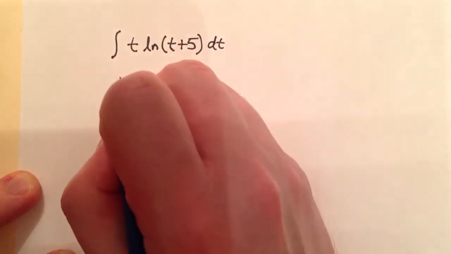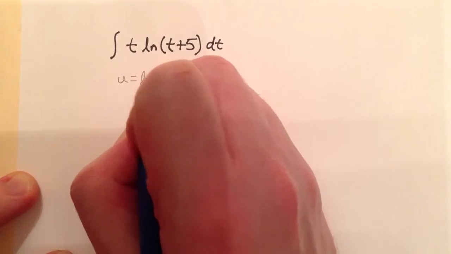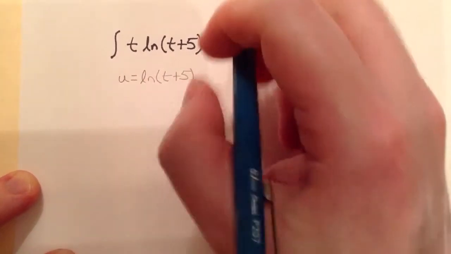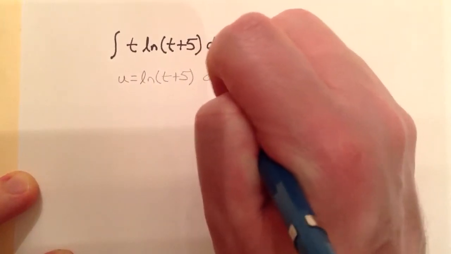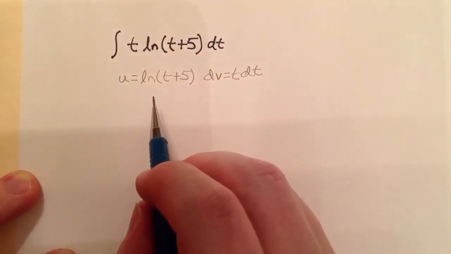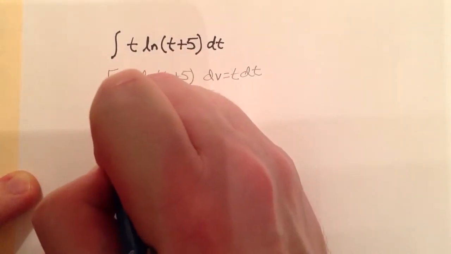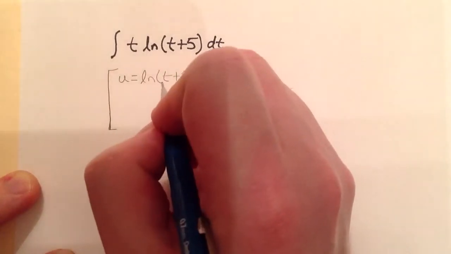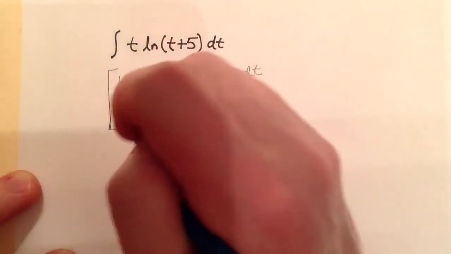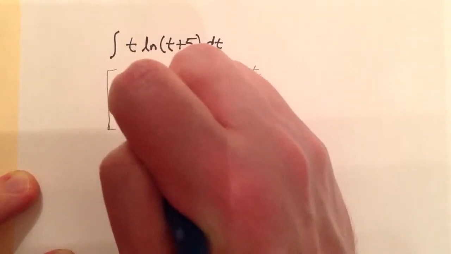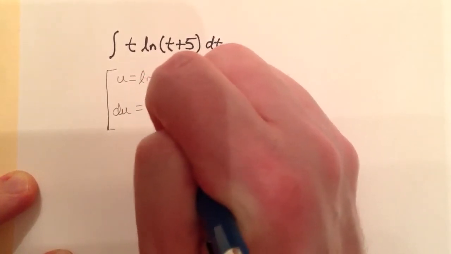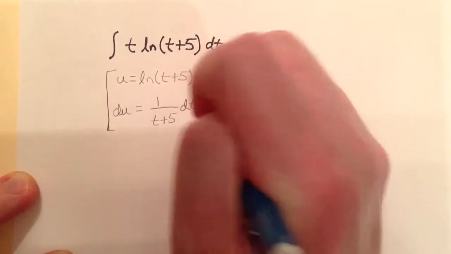So we have, in the setup, again taking the derivative of the natural logarithm of t plus 5, we can just take the reciprocal, and the nice thing about this one is that the derivative of t plus 5 is going to go to 1, and so we have for du, that is going to be equal to the reciprocal of t plus 5 dt.